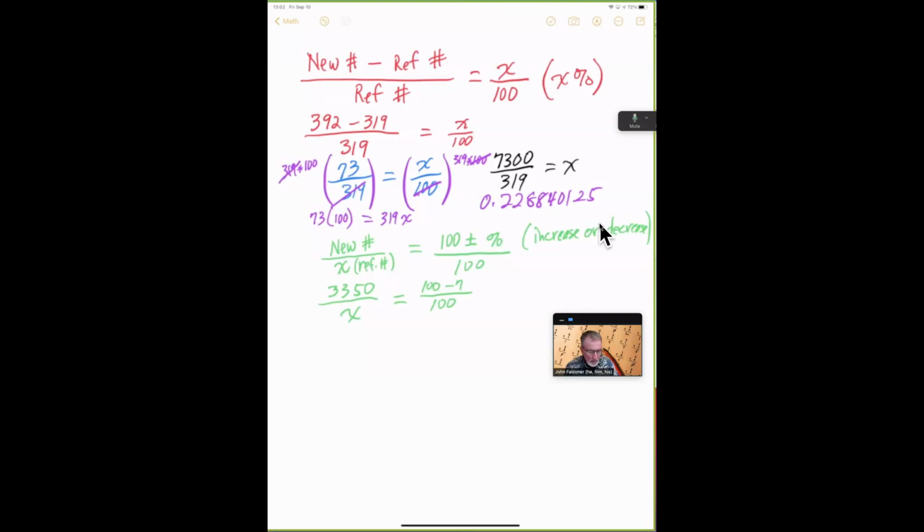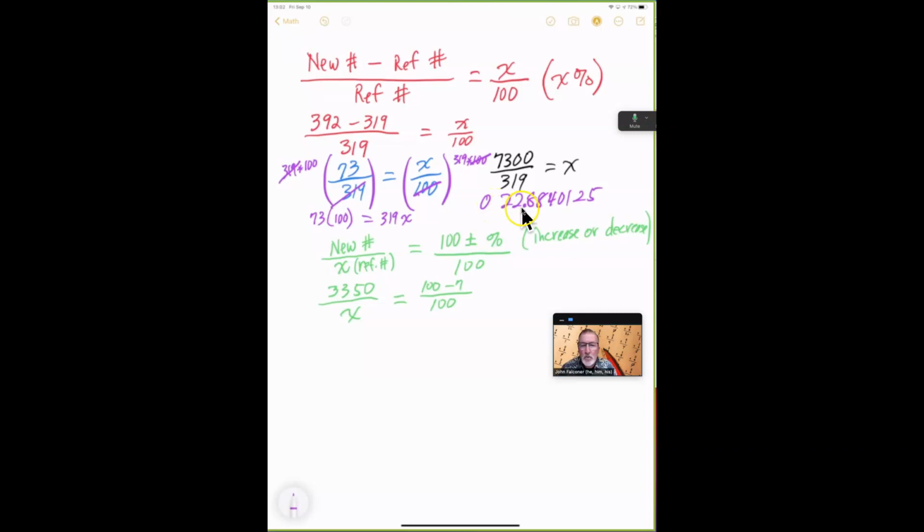So let me double check everything. So 7,300 divided by 319, this has already been done. All right, so I'm going to put the decimal point there.